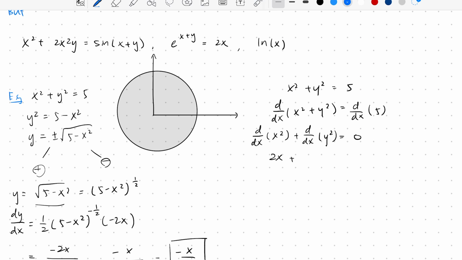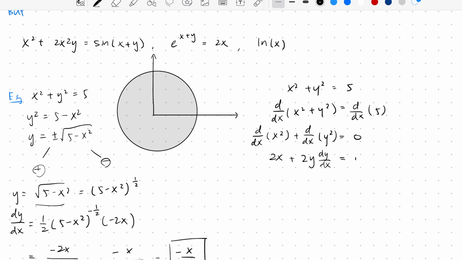If you remember from the chain rule, if we had something squared, it would be 2 times something to the power of 1 multiplied by the derivative of something with respect to x. So it's precisely what we have to do here. It's just that y is there, so it looks a little weird, but it's essentially the same process. The derivative of the outside would be 2y multiplied by the derivative of the inside function, which is y, and that's dy/dx.